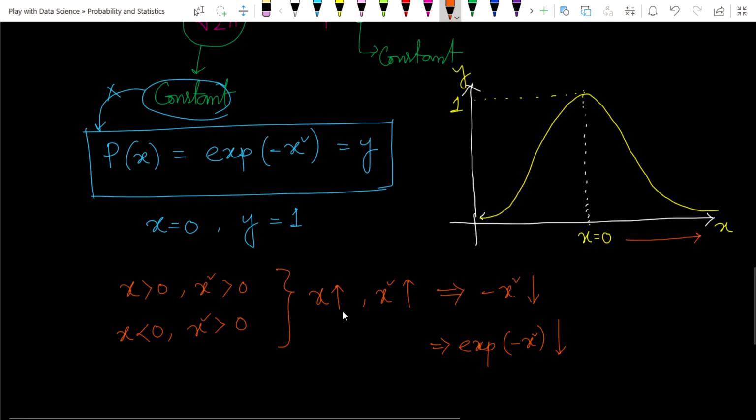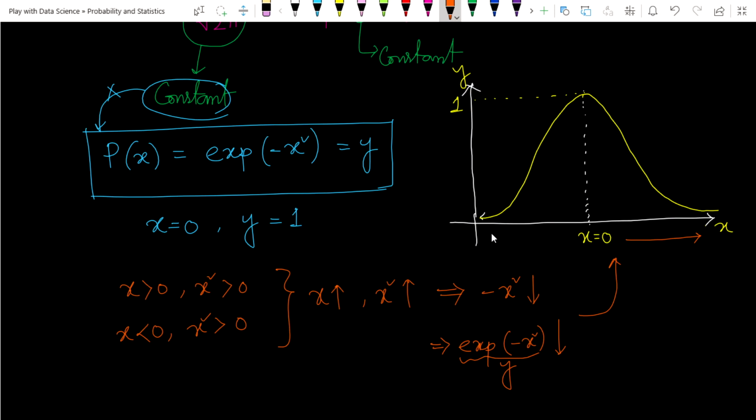Okay, from these observations, what will we conclude? Just see these things. If we move right or left, in both directions our exponential of minus x square, that is y, decreases as we move further away from 0, whether we go left or right.